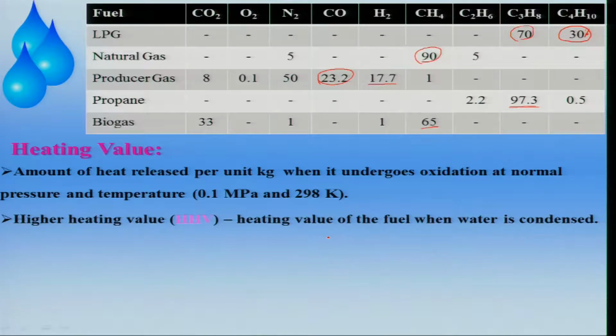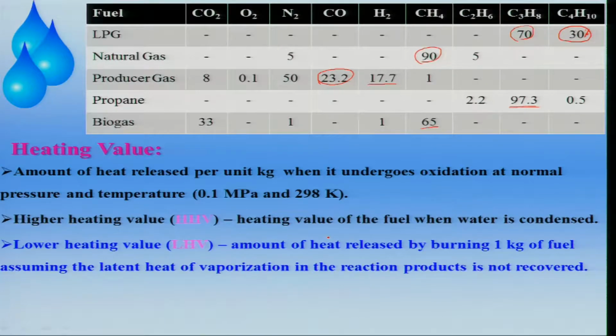There is also the lower heating value, where the amount of heat released by burning 1 kg of fuel is measured assuming the latent heat of vapor in the reaction product is not recovered. That means it is not condensed, it stays as vapor. So, that we call the lower heating value.